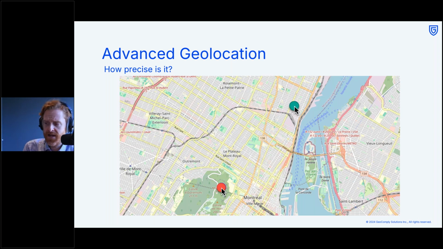If I was a fraud expert investigating this, what does that tell me? It tells me nothing valuable about where I'm connecting from. I don't seem to be in the right house, not even in the right neighborhood. So I cannot look at that transaction and think that this is the real individual. I cannot really know if it's a fraudster either because, obviously there's such a huge radius of operation.